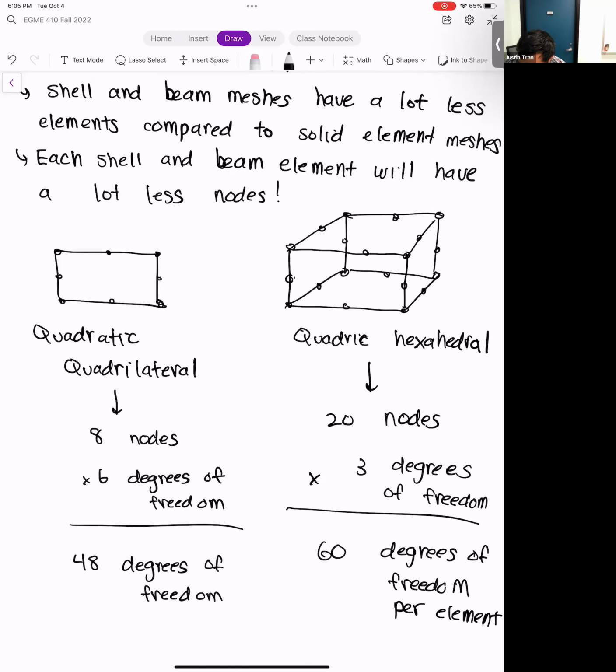So we see that for the quadratic hex, we're basically computing 60 different quantities, right? 60 different deformation values for the quadratic hex versus the quadratic shell or the quadratic quadrilateral. Even with the rotational degrees of freedom, we only end up with 48 degrees of freedom per element.